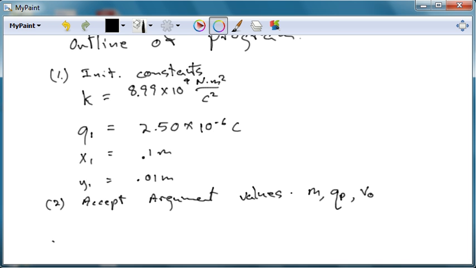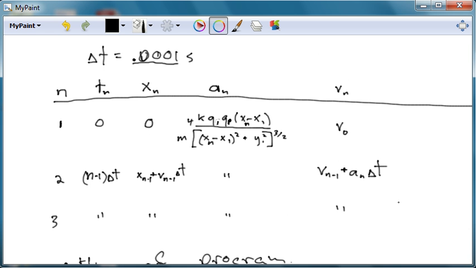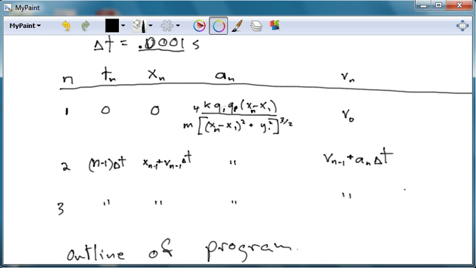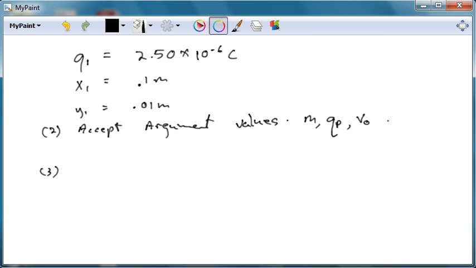Okay, 3. You'd want to set n equal to 1. Calculate. Yeah, set these guys equal to 0, and so set n equal to 1.